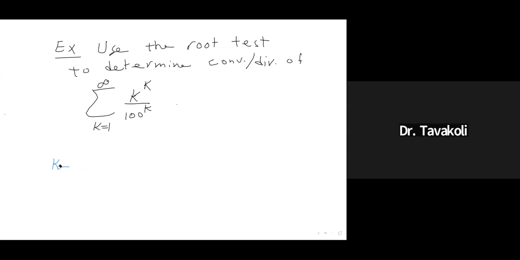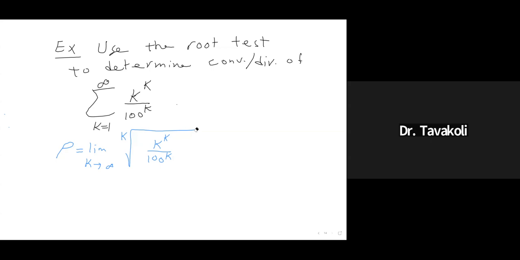It is the limit as k tends to infinity of the kth root of absolute value of the kth term, k to the power of k over 100 to the power of k. Since all the terms are positive, there is no need for the absolute value.